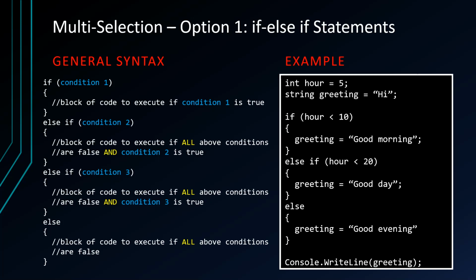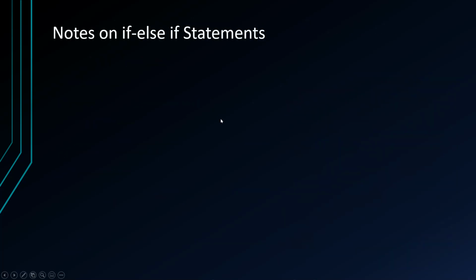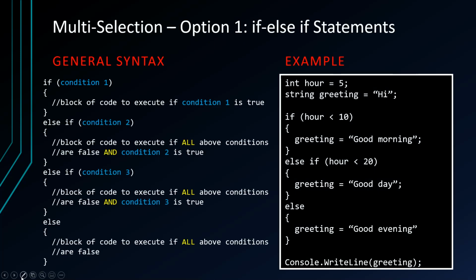If we change that 5 to, say, a 15, if I change this 5 to a 15, well, that changes everything. It's going to fail the first test, but it's going to pass the second test. So let's follow the logic. It creates the variable, tests to see whether hour is less than 10.